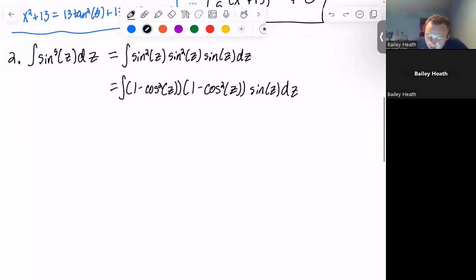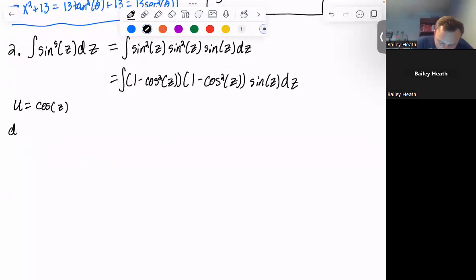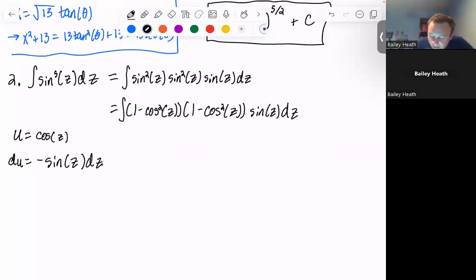What does that mean? Well, that works out nicely because now I can do a u sub in which I set my u equal to cosine of z, in which case my du is negative sine of z dz. So why do we care? Again, I keep emphasizing that we have this extra sine of z out here.